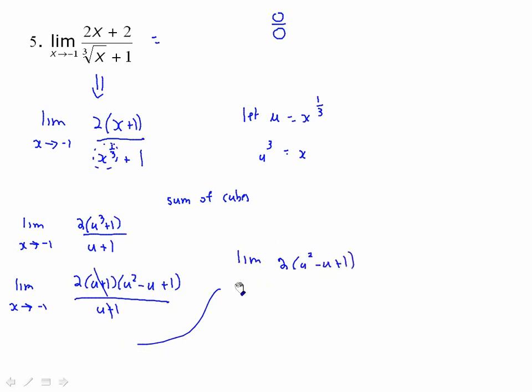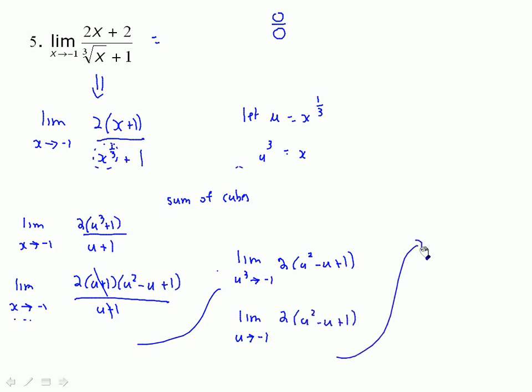And then we note that the limit is defined in terms of x. So x is equal to u cubed. Now, if u cubed approaches negative 1, this could be simplified if you took the cube root of both sides, so u must be approaching negative 1, and then u squared minus u plus 1.